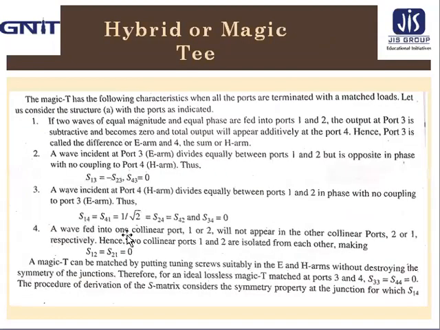Then we can write that S14 equal to S41 equal to 1 by root 2, that is equal to S24 equal to S42, and because there is no coupling to port 3, S34 equal to 0.